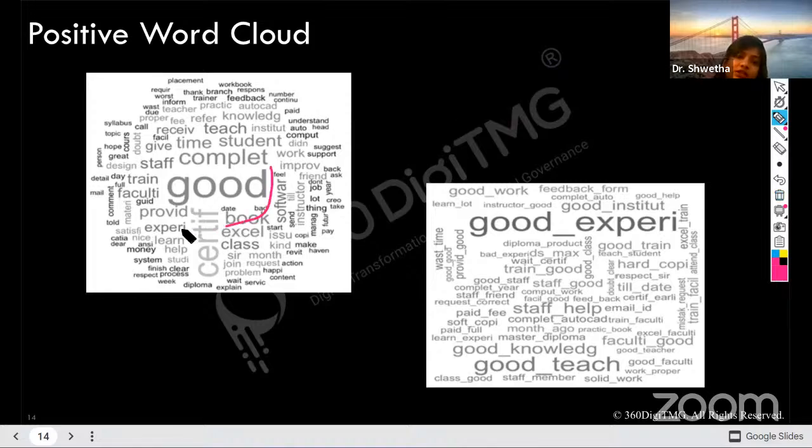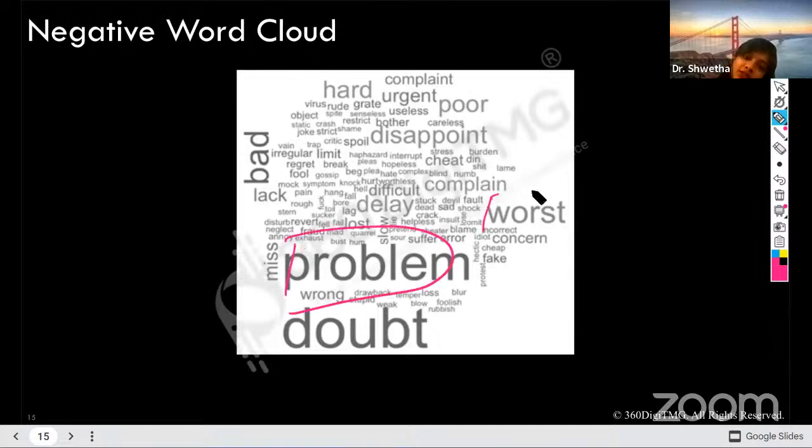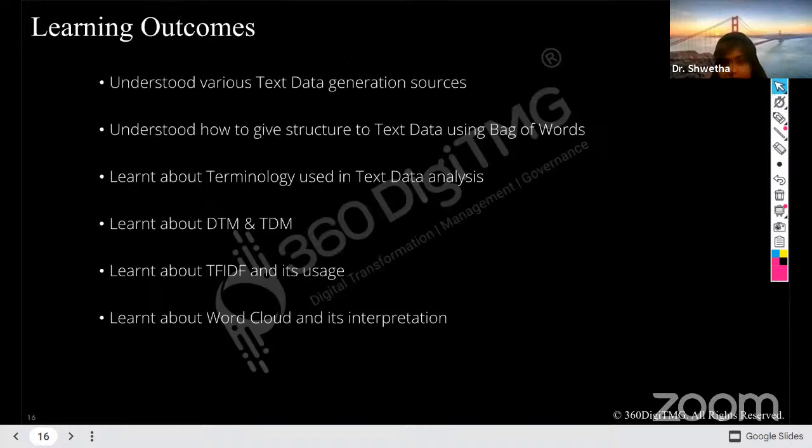The same way, whichever is a high or very frequent word will be represented in the larger size. So in the negative word cloud, problem was the most repeated word; worst, disappoint, bad, all these were the most negative repeated words.